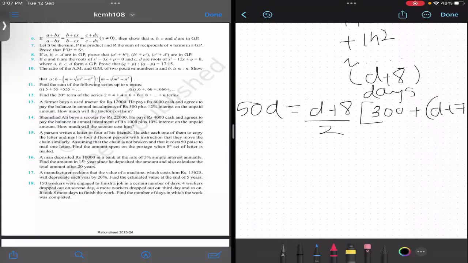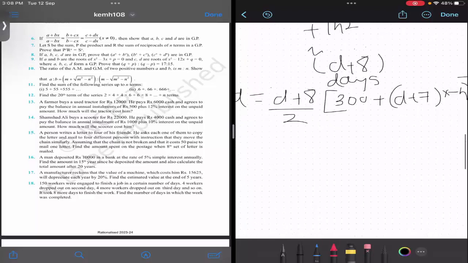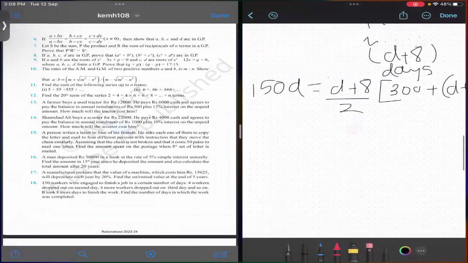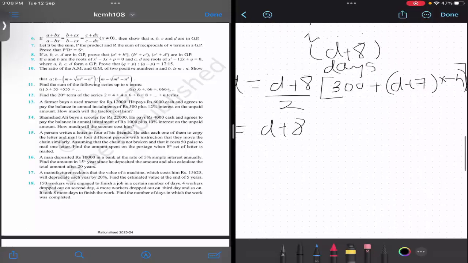On this side you would have 150D itself. Here you have D plus 8, and you can take 2 inside, so you would have 150 plus minus 2 times (D plus 7), right?